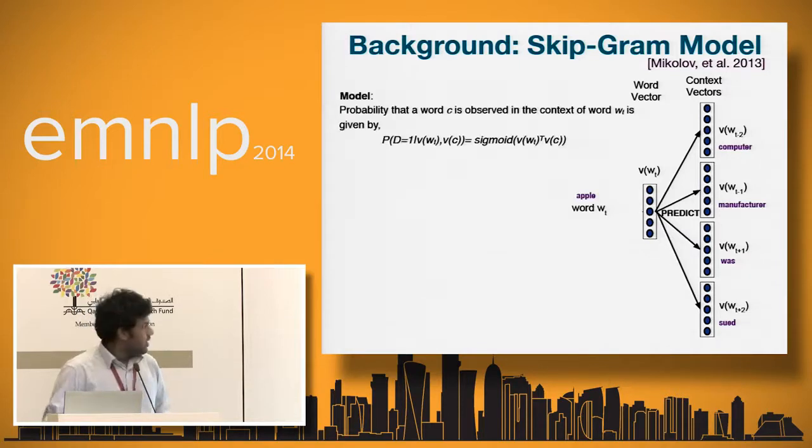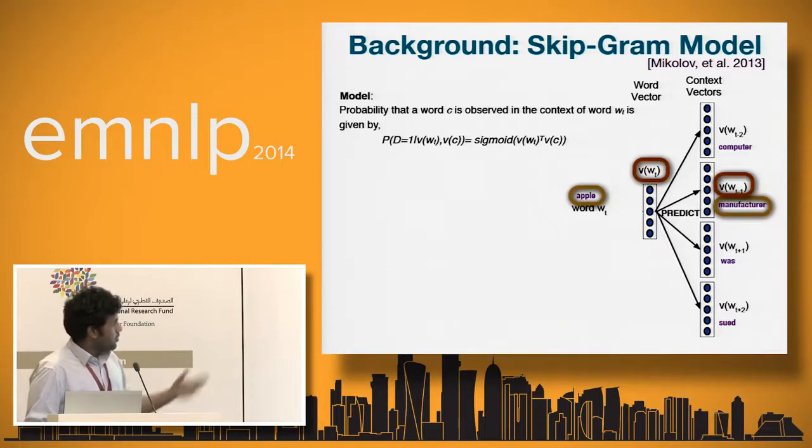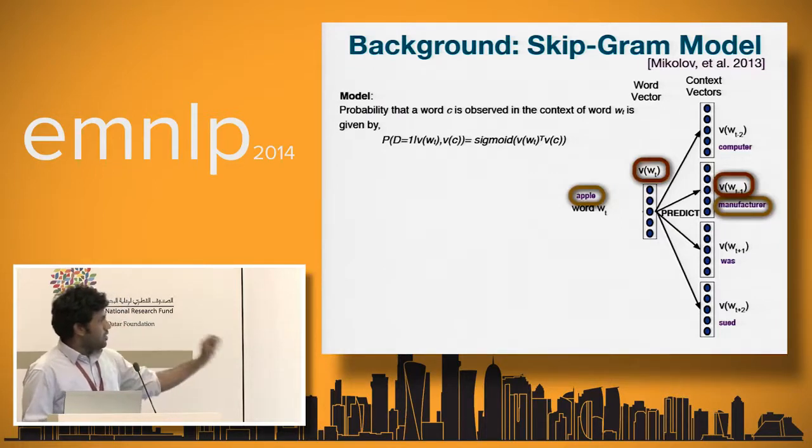In the skipgram model, the probability that a word C is observed in the context of word W_t is given by the sigmoid of the dot product between the vector representations of the 2 words. For example, to get the probability that manufacturer is a context word of apple, you take the sigmoid of the dot product between the vectors of those 2 words.